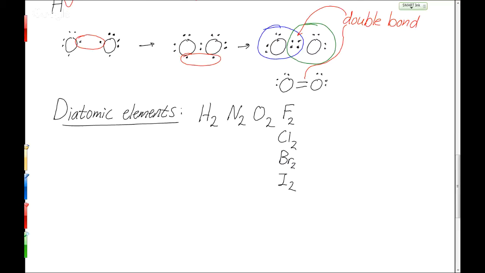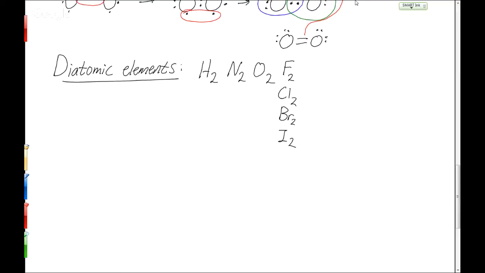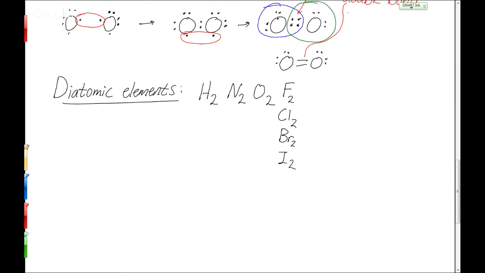Or hydrogen is H2 and not just H, because it'll mess up the whole equation if you just write the letter instead of understanding that it's together. And hopefully now you can also understand why those have to be that way. And it's because of the valence electrons and what they have to do to be stable. So you get that so far? You good? Okay.